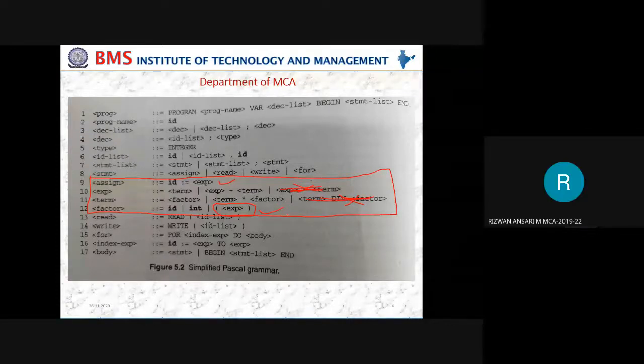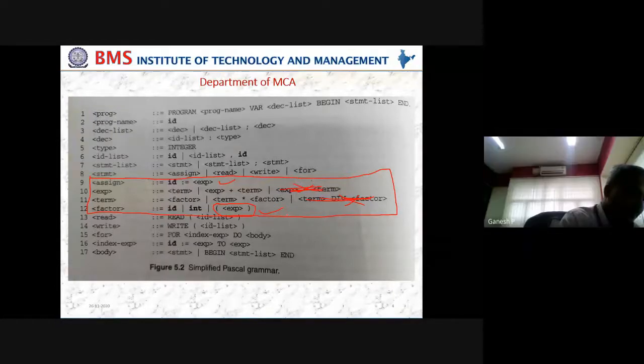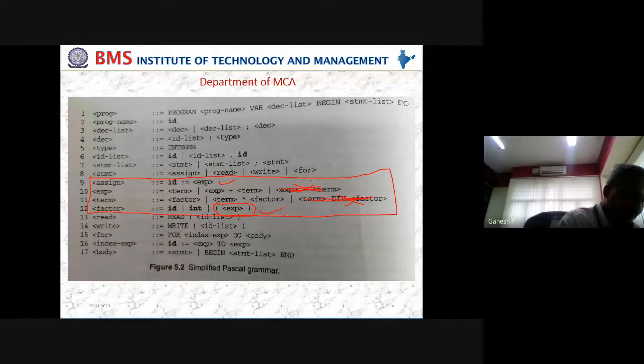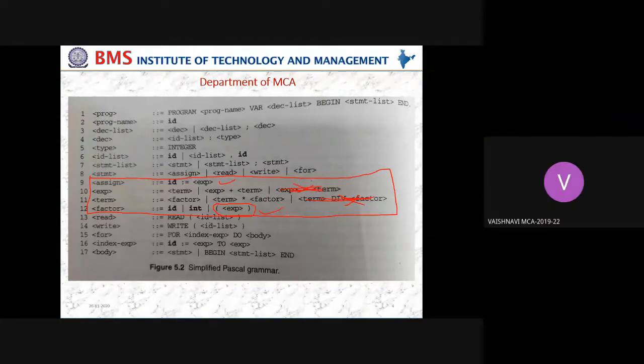Rizwan? Present, sir. Shruti? Present, sir. Sneha? Yes, sir. Srinidhi? Present, sir. Srinivas? Present, sir. Vaishnavi? Present, sir. Vinny? Present, sir. Sir, Bhargavi present, sir. Okay.